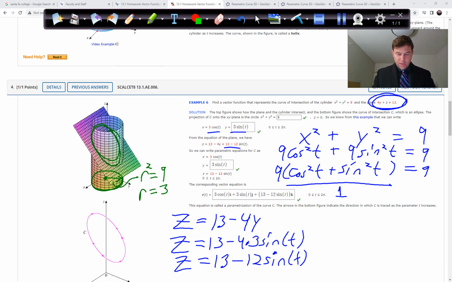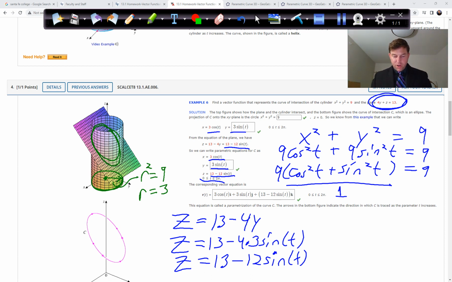So that is what they show right there. Okay, so the parametric representation of this curve would be x is 3 cosine t, we saw that. y is 3 sine t, we saw why that was. And then z is 13 minus 12 sine t, we just derived that. And they're putting the restriction that t should vary between 0 and 2 pi.